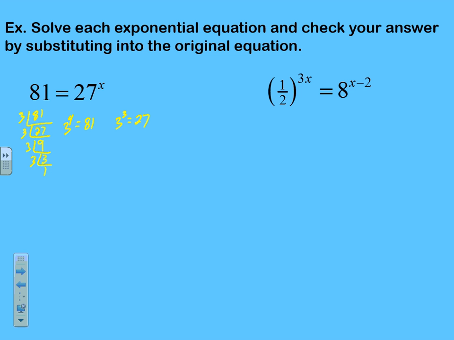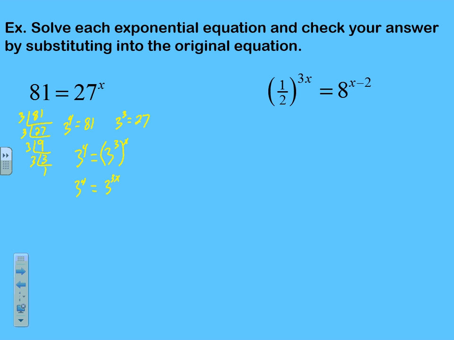So I will rewrite the problem as 3 to the 4th power, and since 81 doesn't have any exponents, I don't really need to put that one in parentheses. So I'll just say 3 to the 4th power is equal to 3 to the third power to the x power. So 3 to the fourth power is equal to 3 to the 3x power. When I say the power of a power rule, the exponent of 3 times the x is just 3x.